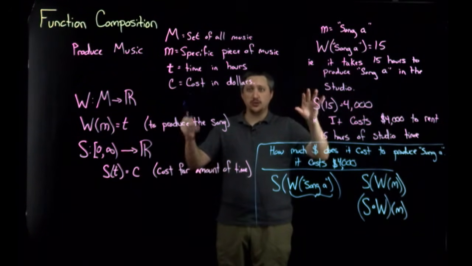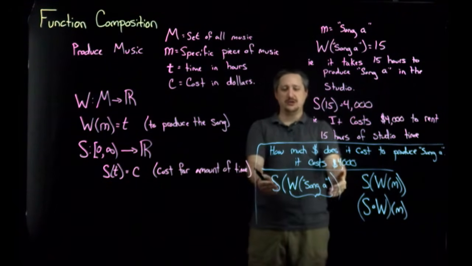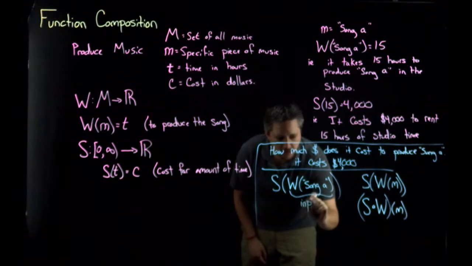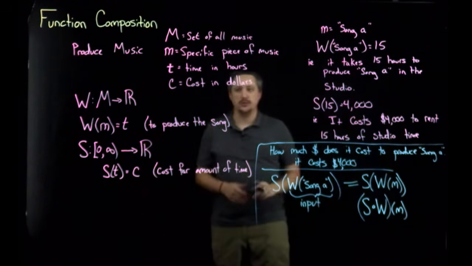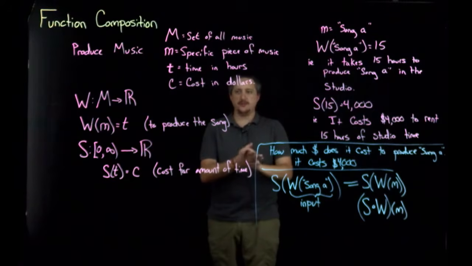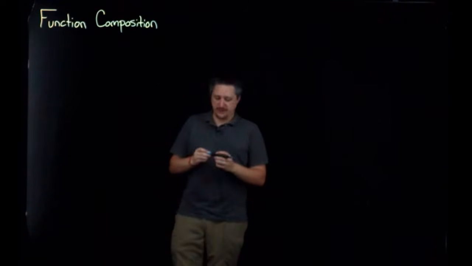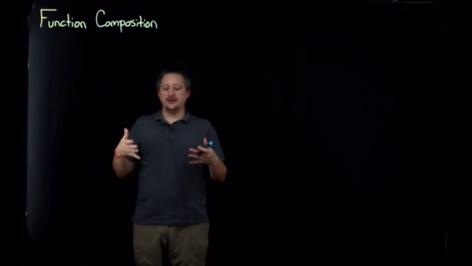Nonetheless, feel free to pause the video here and go through this and make sure it makes sense how we got 4,000, and why we're composing, what it means to take S of this thing, and how this relates to that when we just look at a regular M. Okay, with that, I'm going to do some quick magic here and erase all this stuff. Abracadabra.